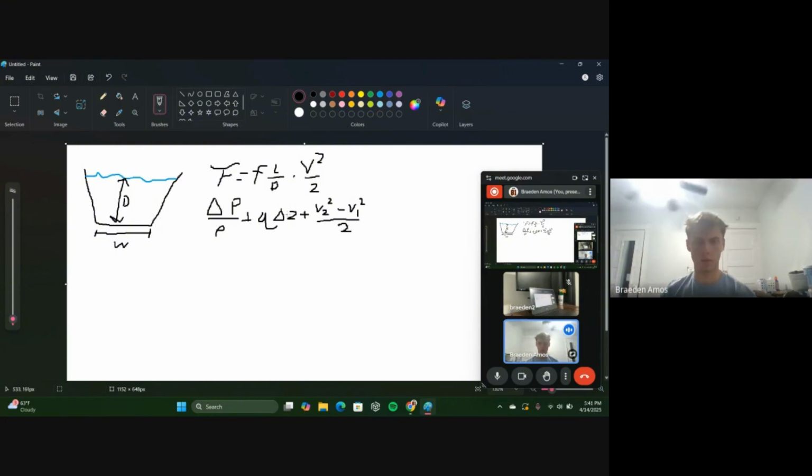And then that is equal to negative this. Then we have g delta Z is equal to Z1 minus Z2. Then we have this. So f L over D.